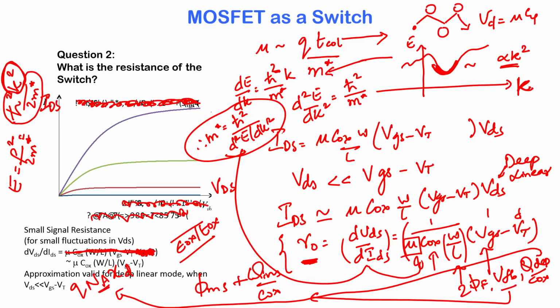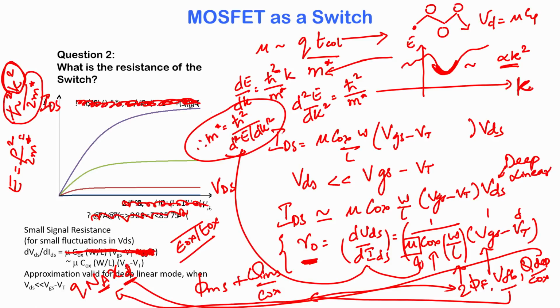Na is nothing but your dopant ion concentration in your p type or n type doped body of the MOSFET, and XD is the depletion width, which in turn depends on the surface potential and which should be 2 phi f at the time of turn on of the MOSFET, and 2 phi f again depends on the dopant concentration.